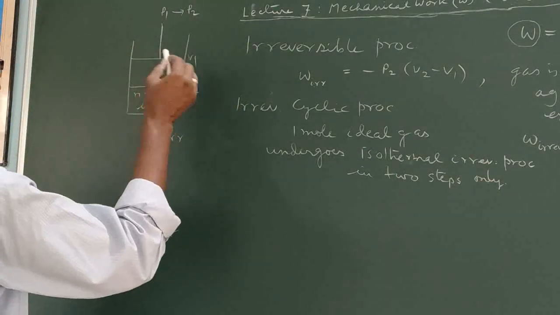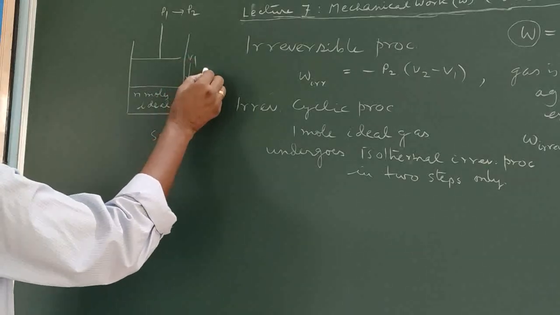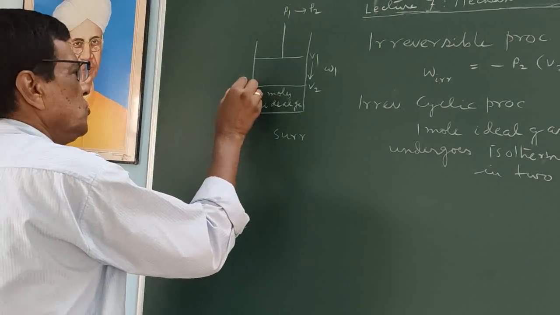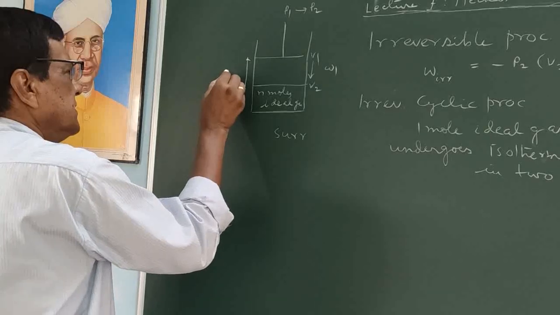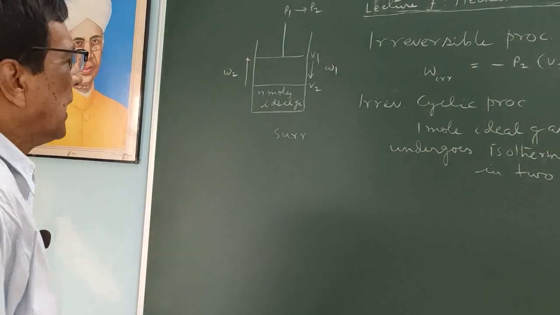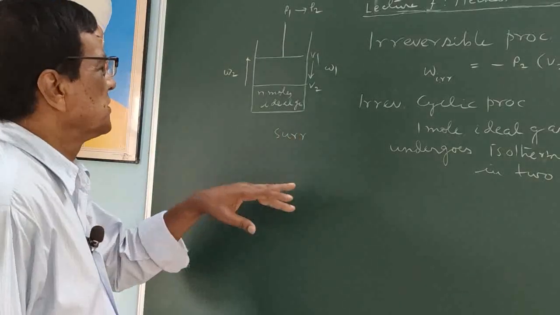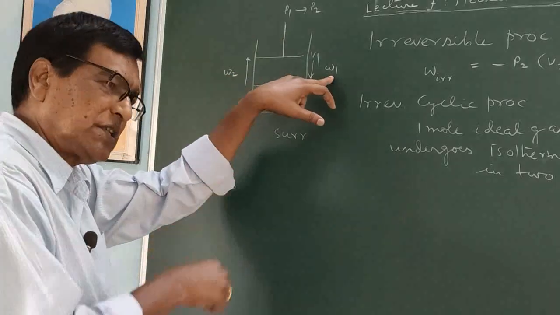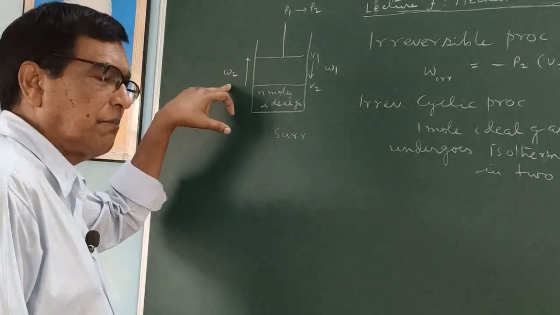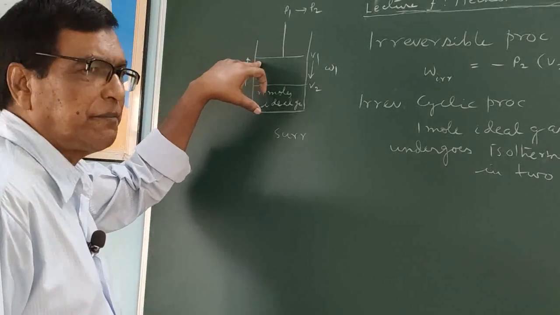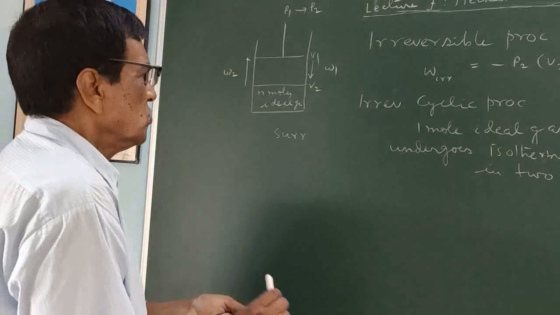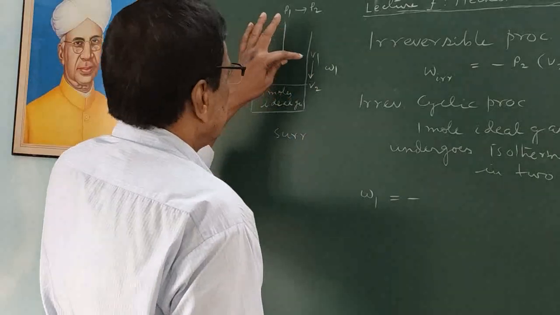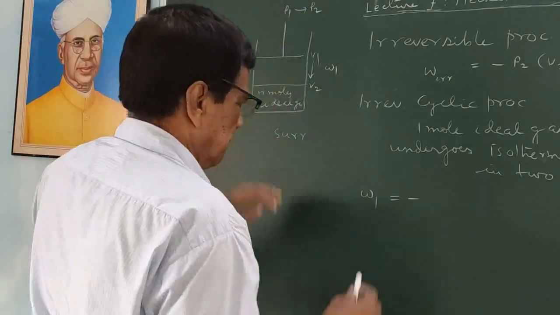Here it is, say this is the first step and work is W1, and in the case of the cyclic process this also goes here and this is W2. For this adiabatic process, this one is the compression work done on the system, and this is the amount of work done by the system to bring it back to its initial state. So W1 equals minus P2 into (V2 minus V1), as this compression occurs against the pressure P2.